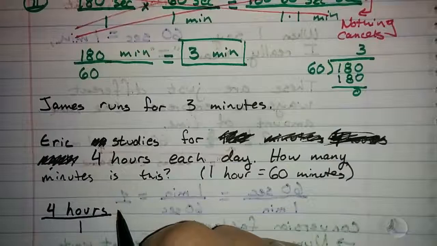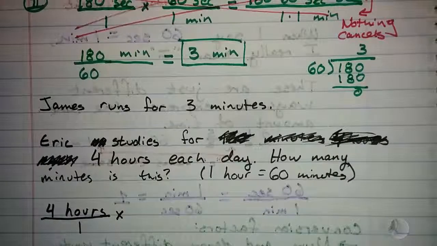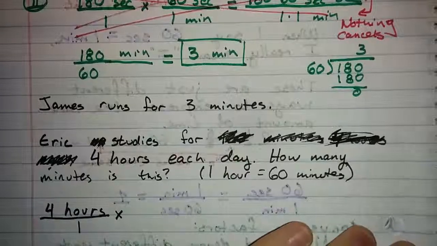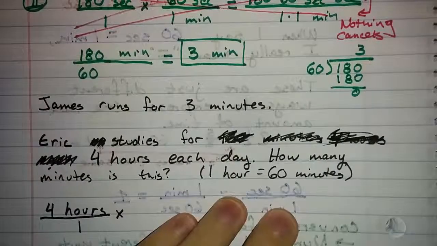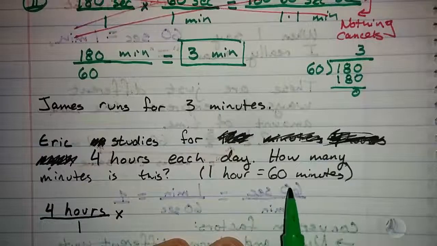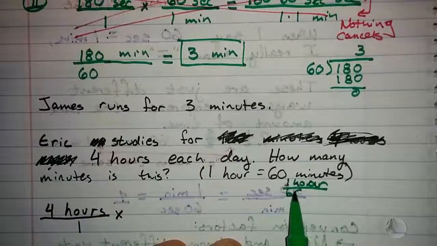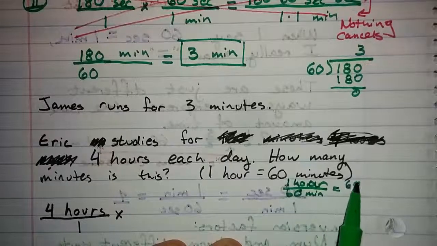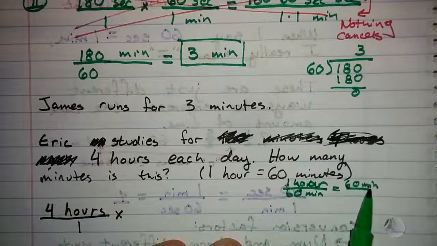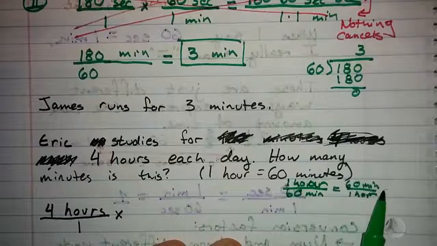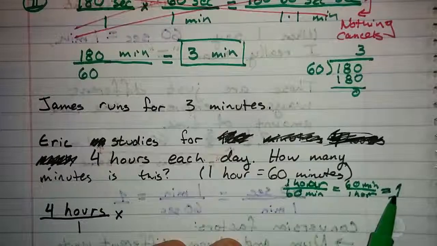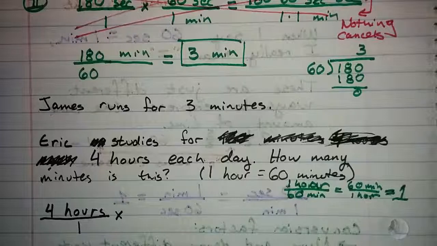Now, we want to know which conversion factor to multiply by. 1 hour is 60 minutes. That means 1 hour over 60 minutes, or 60 minutes over 1 hour. Both are equal to 1. Which one do we want to multiply by?